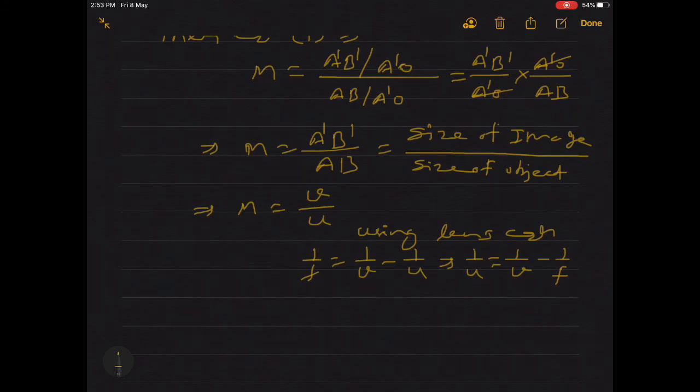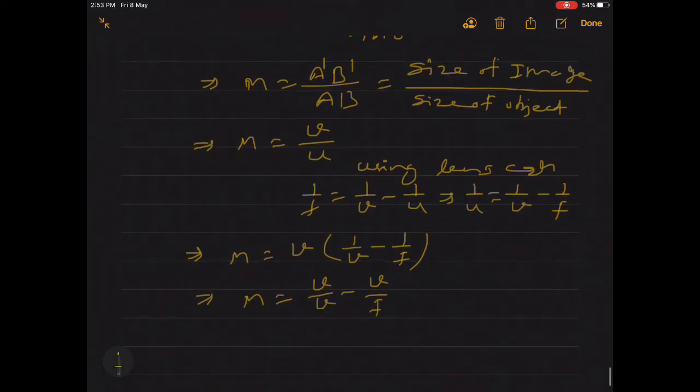Then we can have m is equal to v bracket 1 upon v minus 1 upon f. If you open the bracket, you would have v upon v minus v upon f.